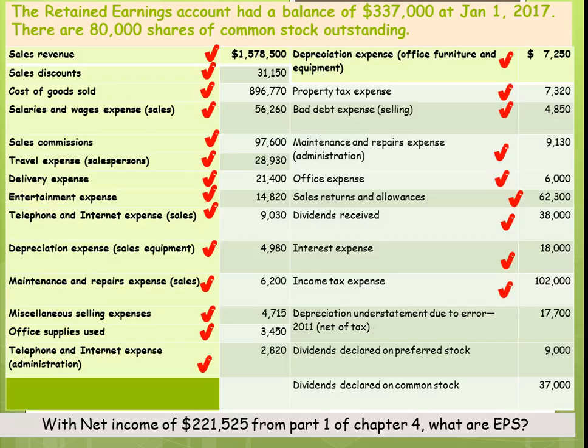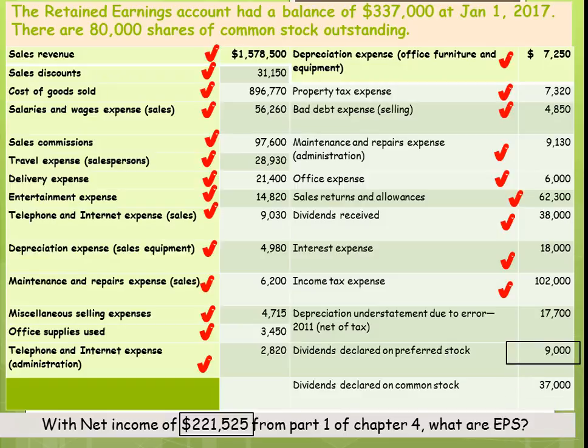All right, now we're going to go back to our example from Part 1. And we're going to see, do we have the information to determine earnings per share? Well, first of all, we're going to look for our net income.